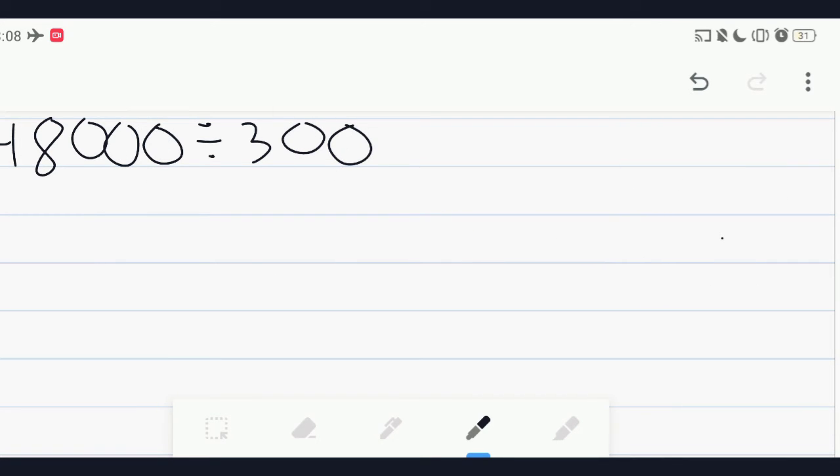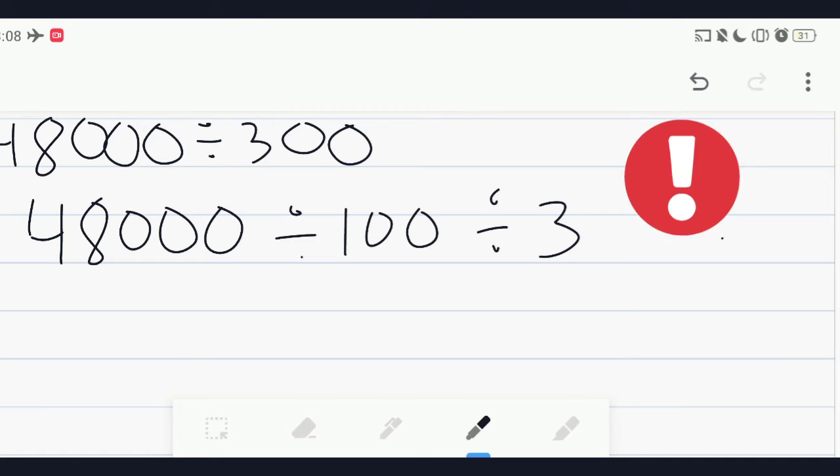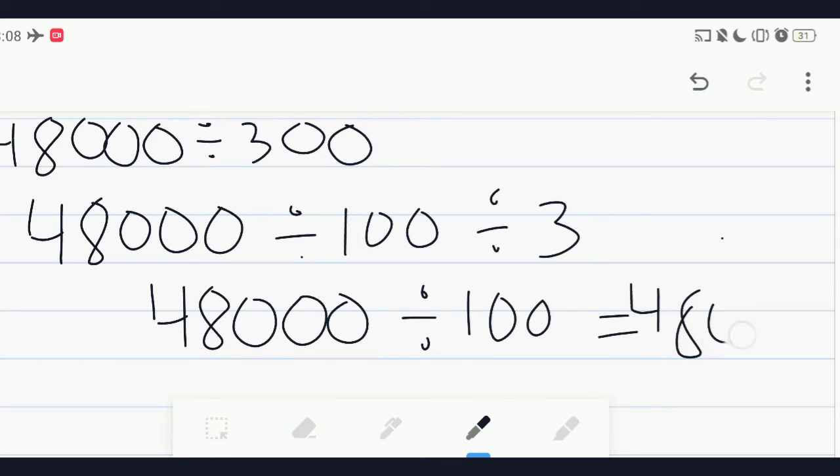This one is also your common mistake. You know that you have to separate the back one like this. It means 48,000 divided by 100 divided by 3. But you write it one by one. Remember, you are not allowed to write it one by one. If you write it like this, I will mark it wrong, okay?